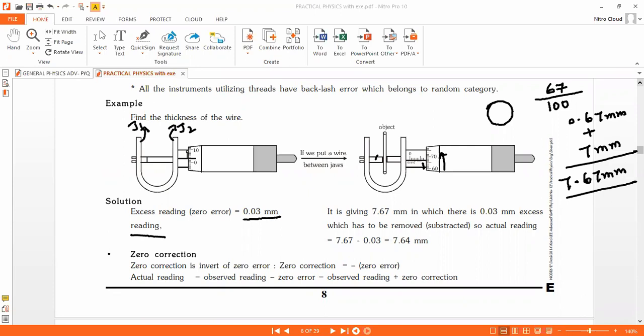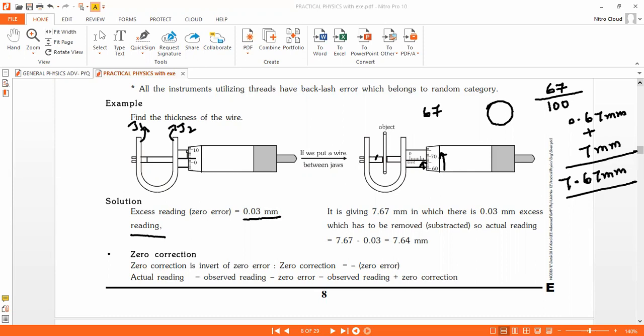Sir, we find where it coincides. This horizontal line is there, no? The pitch scale horizontal line meets the head scale division at the 67th division.